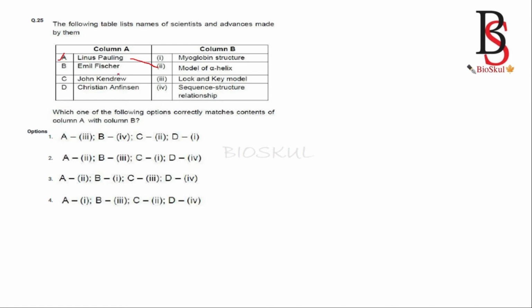Then next one is Fischer. Fischer discovered the lock and key model. Okay. And John Kendrew, he has done the myoglobin structure, and Christian and Sanger, which is option 4, that is the sequence structure.